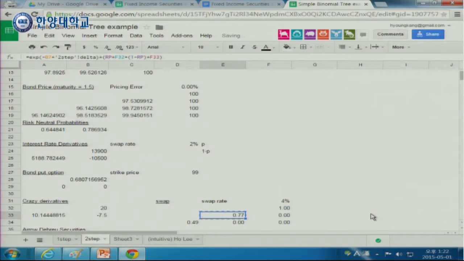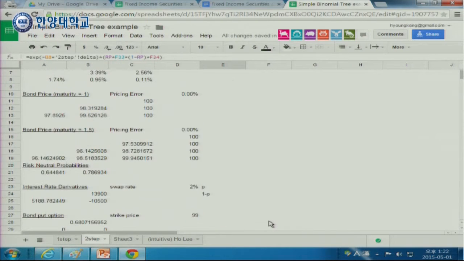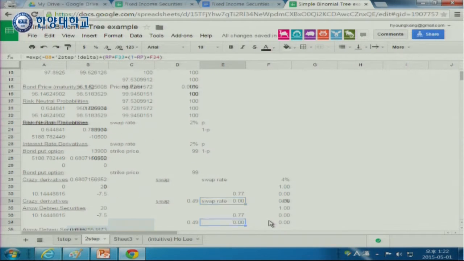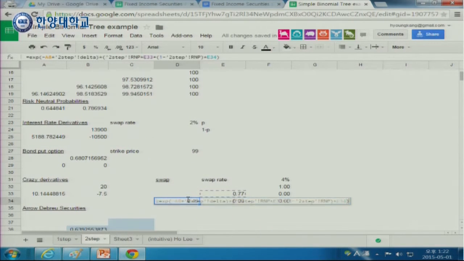And then this one is delta RP, right, and then this one is P8, right, and then this one is okay. This one is correct. Let me check it.